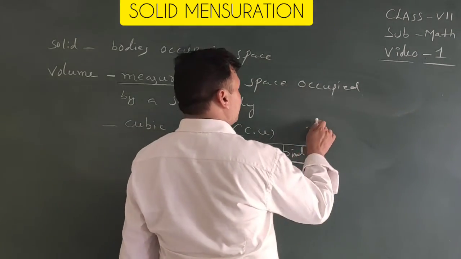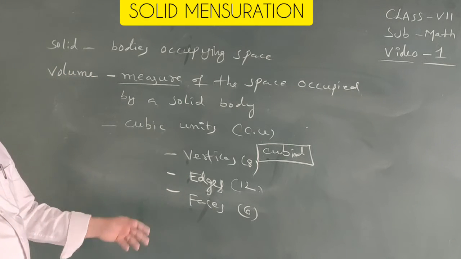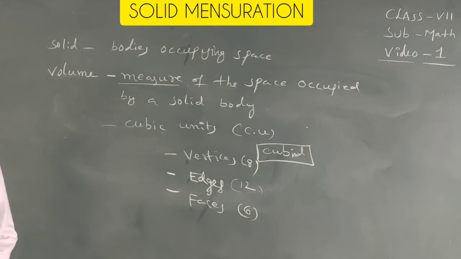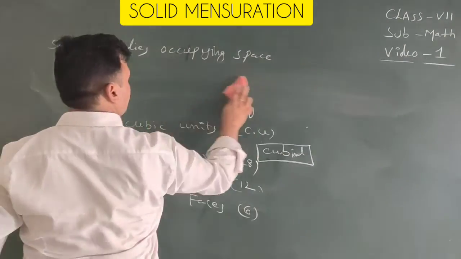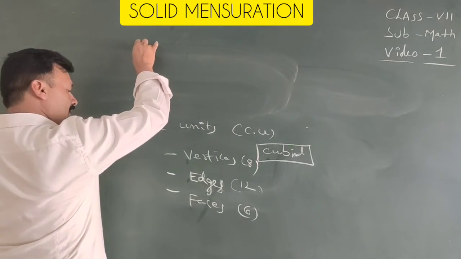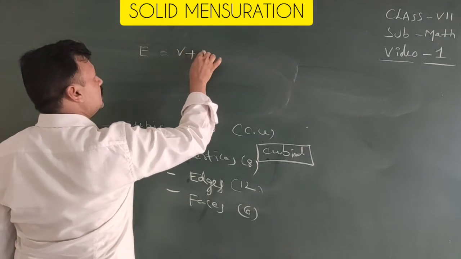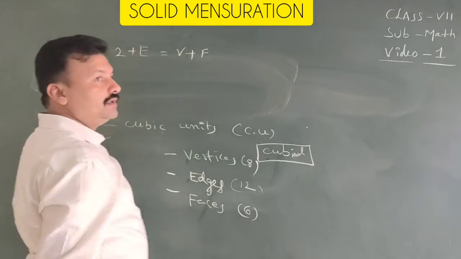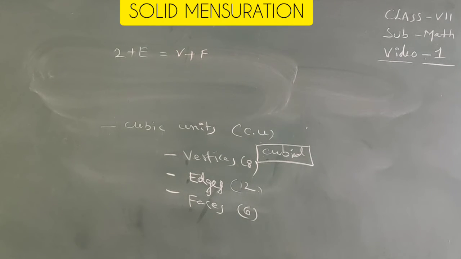Euler gave one formula for finding these vertices, edges, and faces. One relation he gave. That is Euler's relation: E plus 2 equals V plus F. For any prism it works.